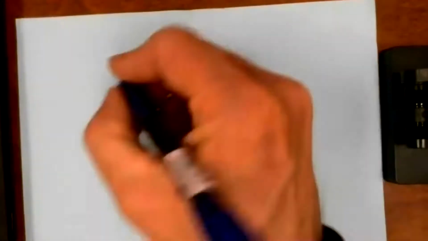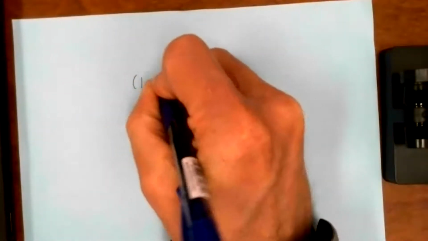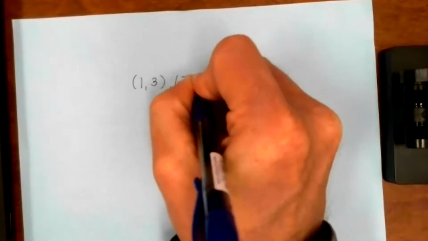Let me go to the dock camera and I'll write those points down. They were (1, 3) and (3, 2), the 2 points on a line.